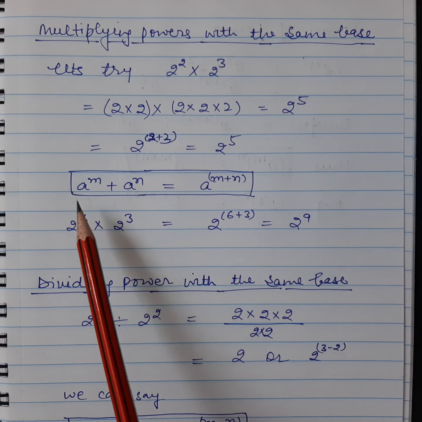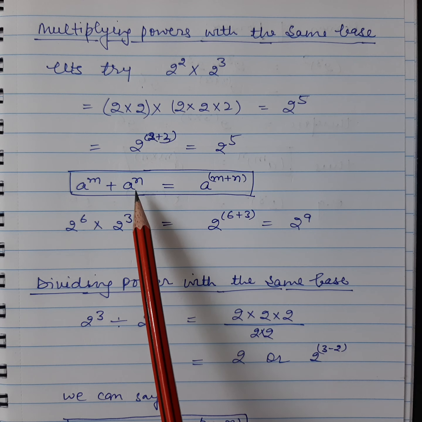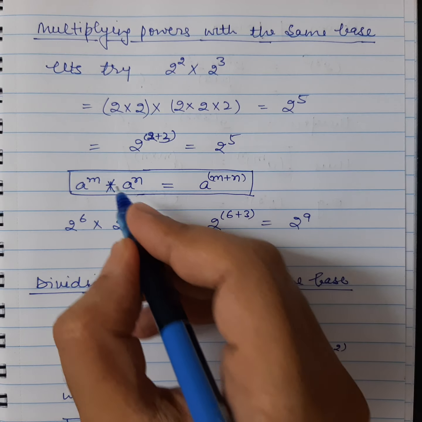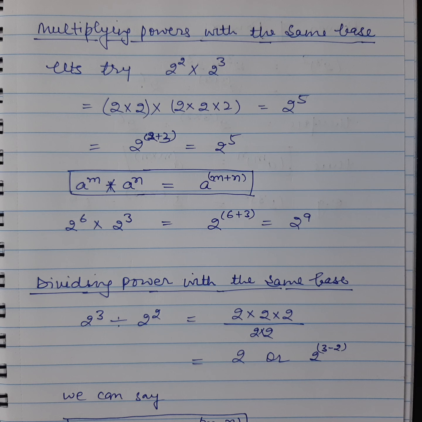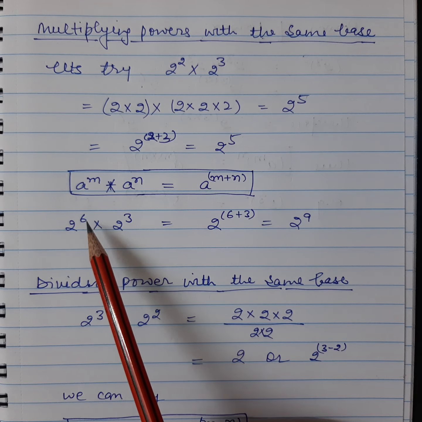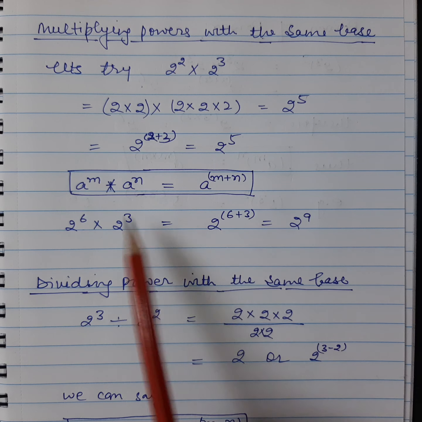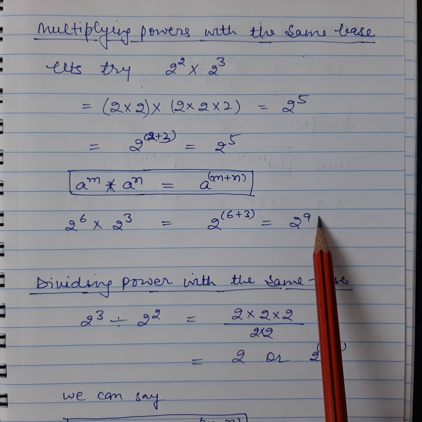We can write this formula as a raised to power m multiplied by a raised to power n is equal to a raised to power m plus n. For example, 2 raised to power 6 multiplied by 2 raised to power 3 is equal to 2 raised to power 6 plus 3, which is 2 raised to power 9.